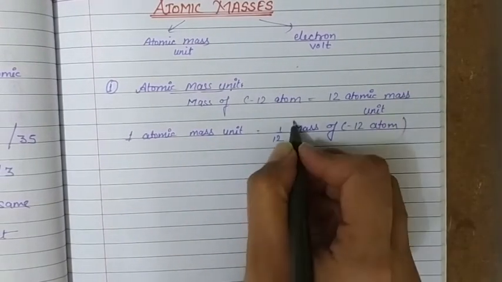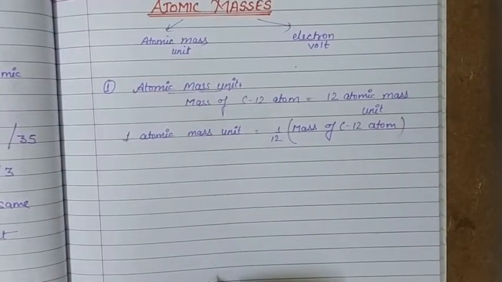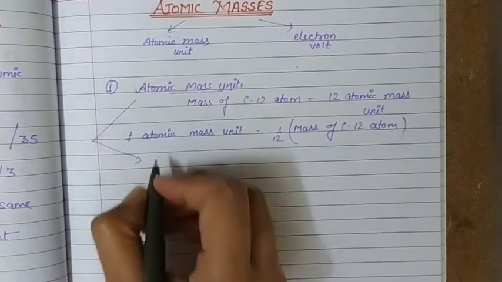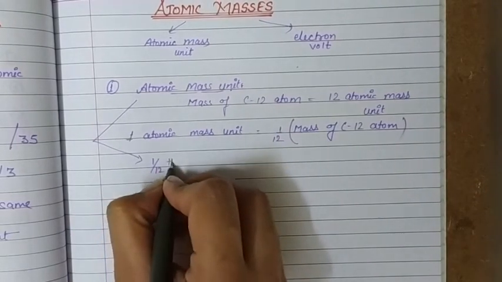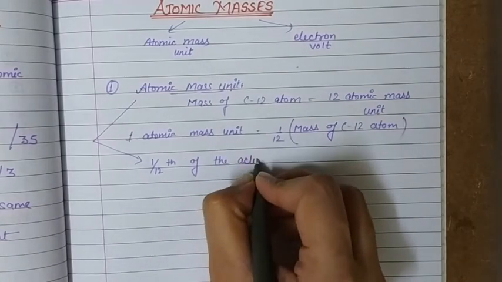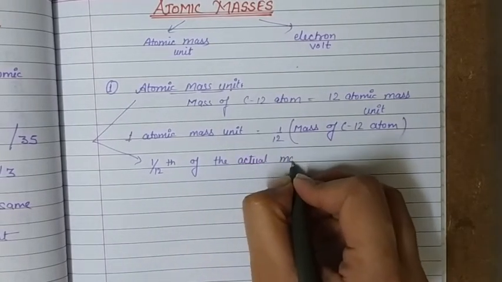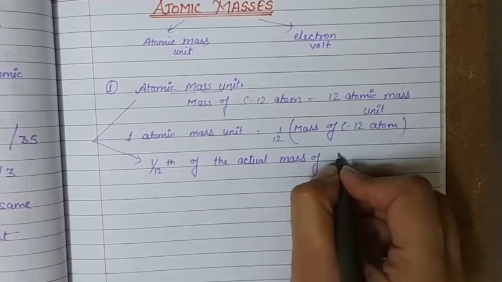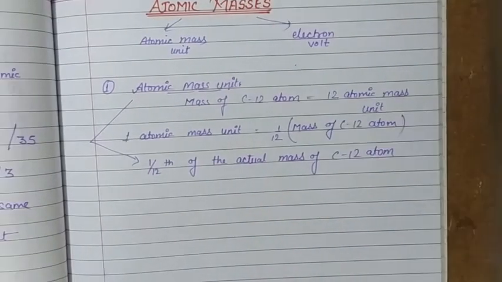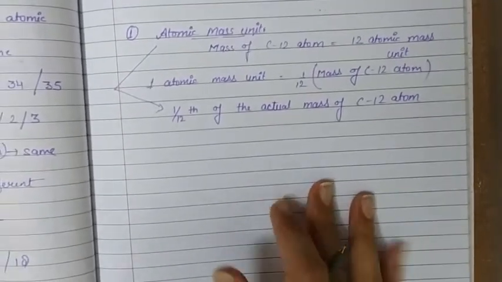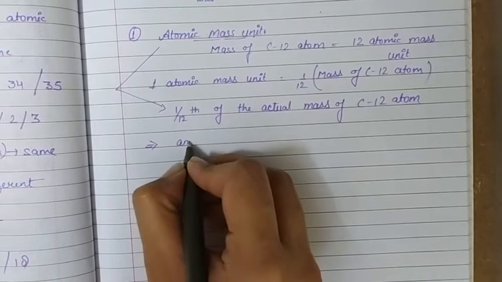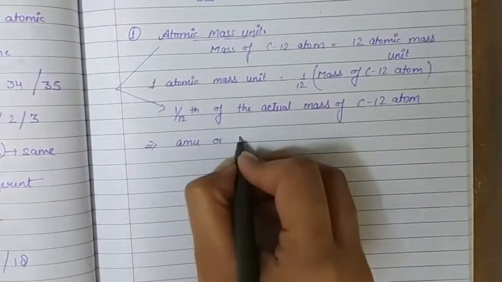So from here we can define 1 atomic mass unit. 1 atomic mass unit is defined as the 1 by 12th of the actual mass of carbon 12 atom. We denote this 1 atomic mass unit by AMU, or just by writing u.